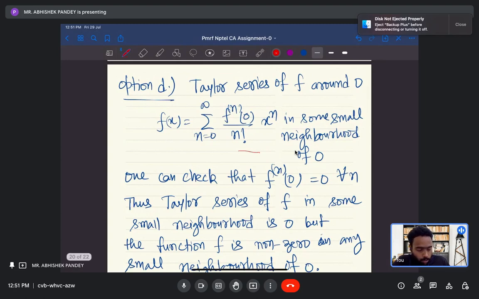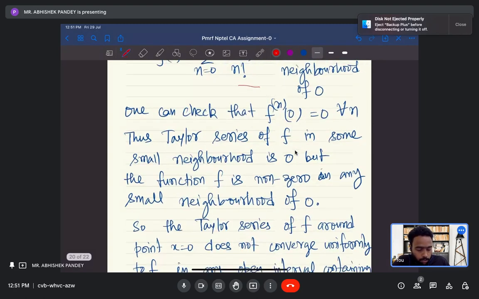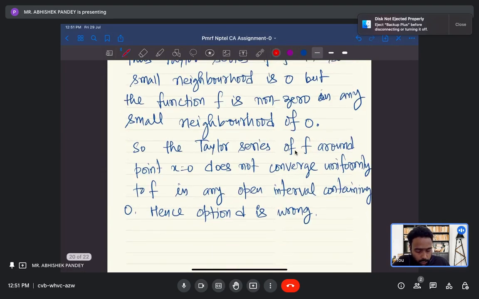Thus the Taylor series of f in some small neighborhood is 0. But the original function is non-zero in any small neighborhood of 0, which means that the Taylor series does not converge to f in any open interval containing 0. Hence option D is also wrong.